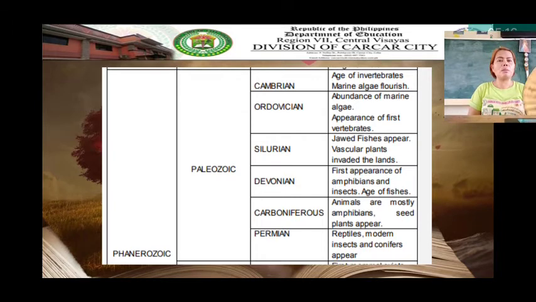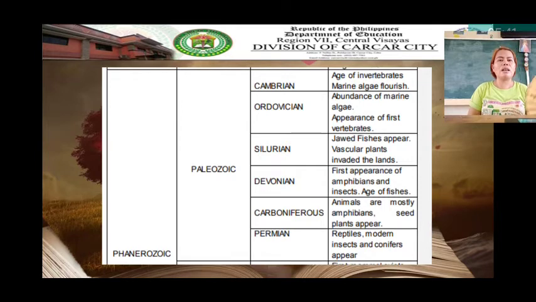For each period, we have the biological features. Like for Cambrian, we have the age of invertebrates. Now, what are invertebrates? These are organisms without backbone. And aside from that, we have the marine algae flourish. So there is now the emergence of the different marine algae.